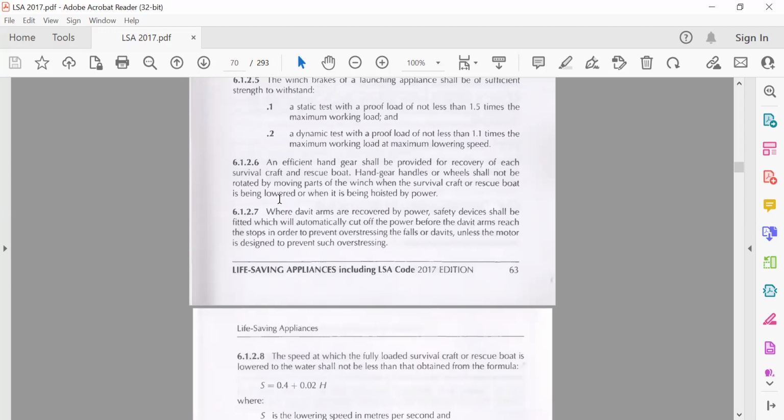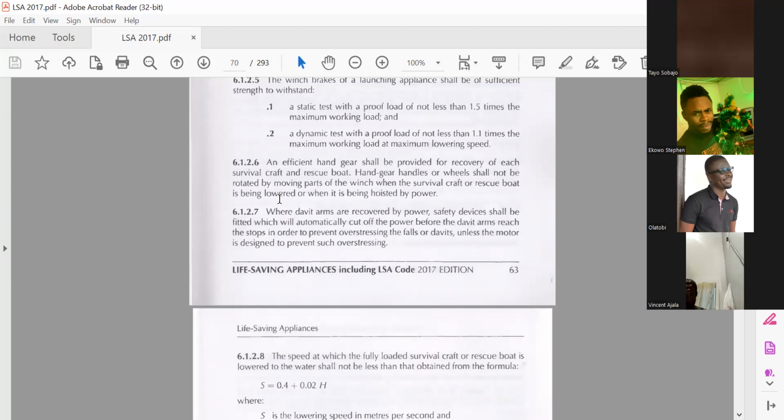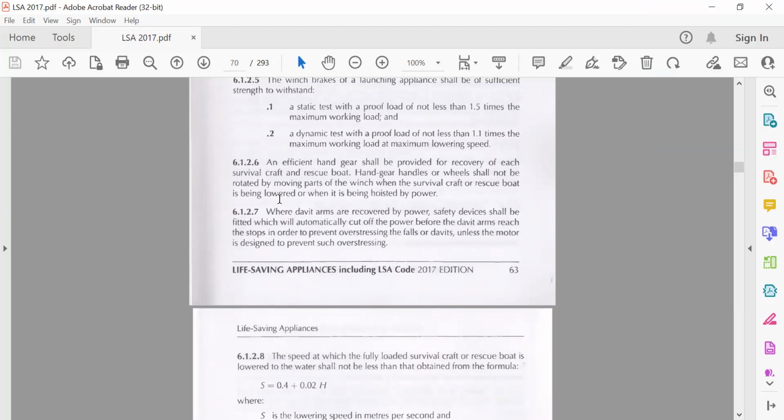I'm not sure this is still in existence, but of course there might be provisions for it on some vessels where you can use the manual handgear, but that's going to be a lot of strength too. For those that are well built, use your strength to lower this thing down. Let's say maybe there's no power on the vessel, there's no electricity, the chains are bad and all of this. So the only means is the handgear.